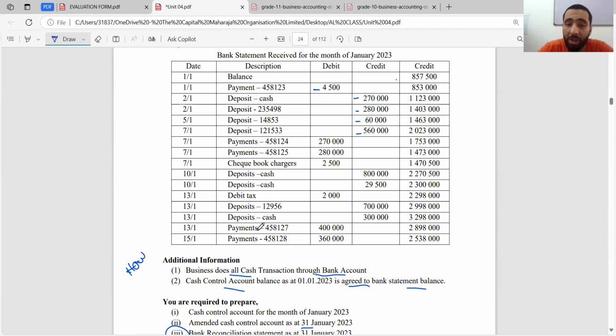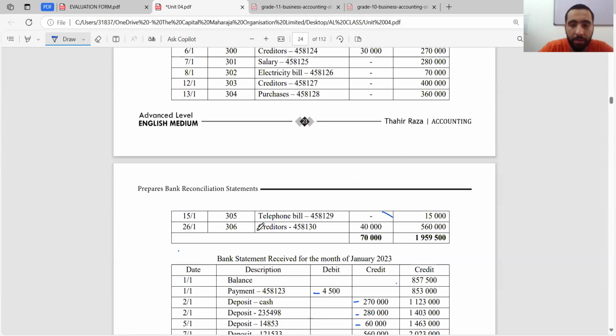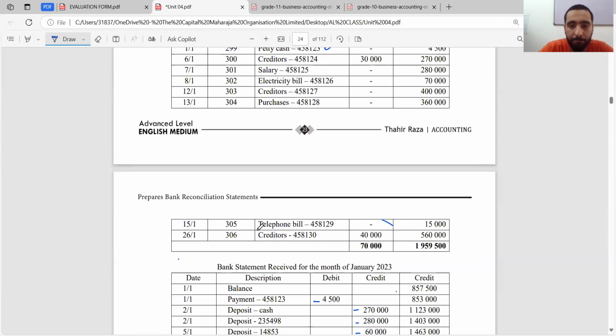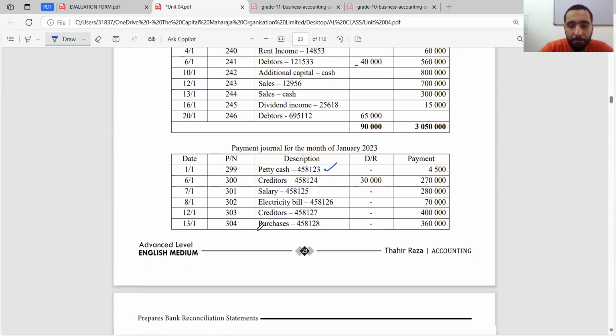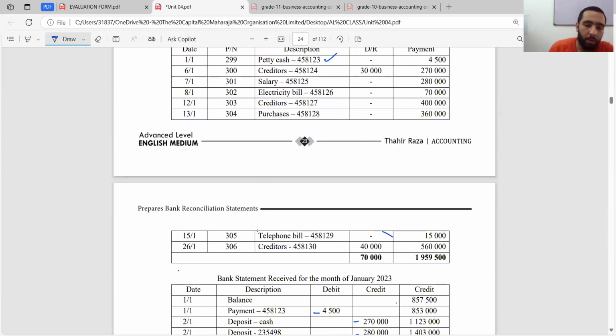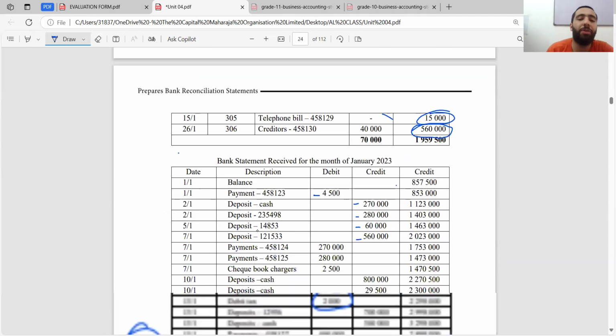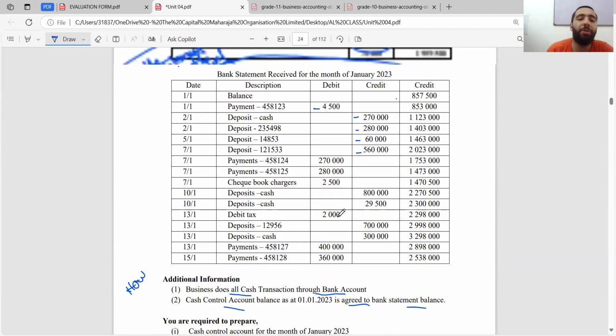So there are two things that are not available. What are those two things? This 560,000 is not available, plus this telephone bill 15,000 is not available in the bank statement.